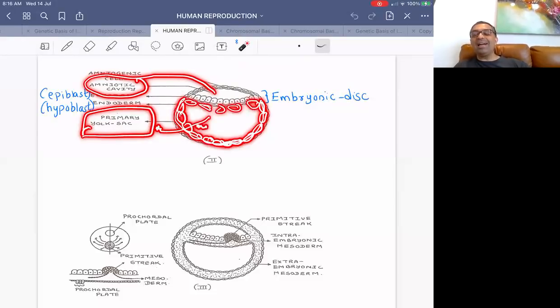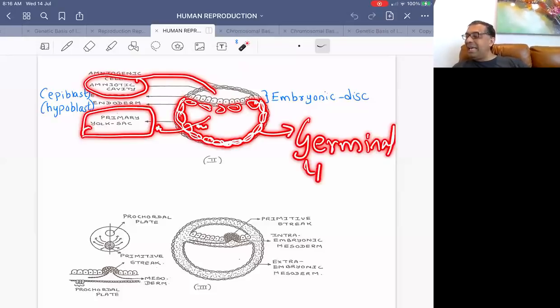Yolk sac does not have yolk, but cells of the yolk sac, please remember, form the future germinal epithelium of the ovary. Germinal epithelium of the ovary is formed from yolk sac cells.